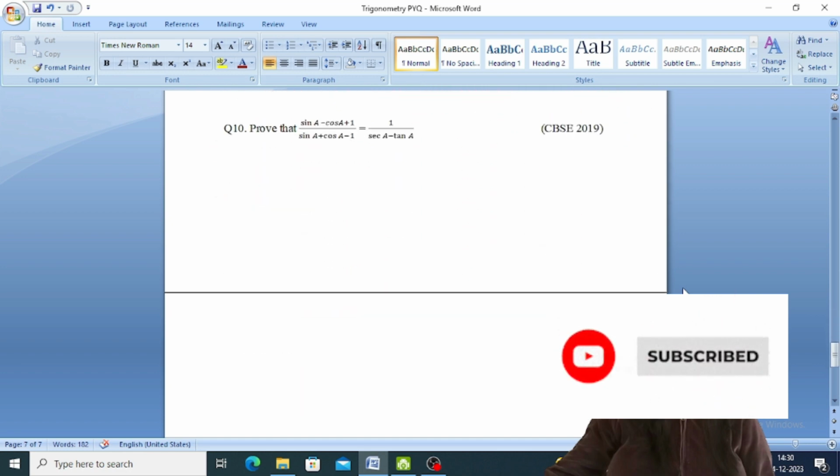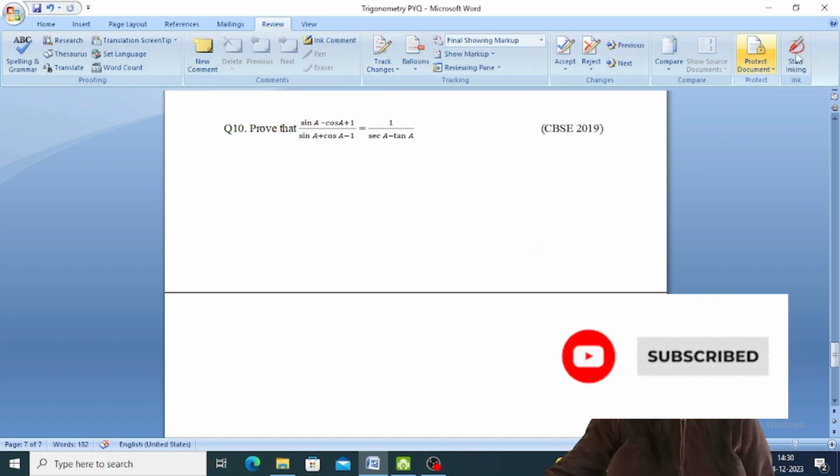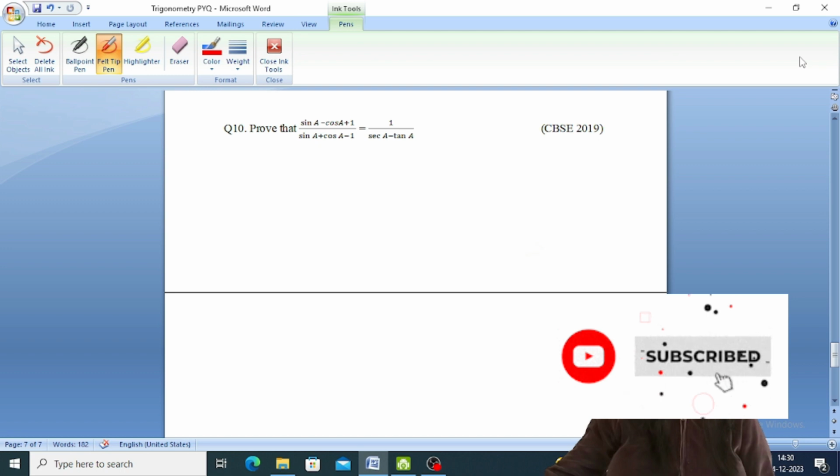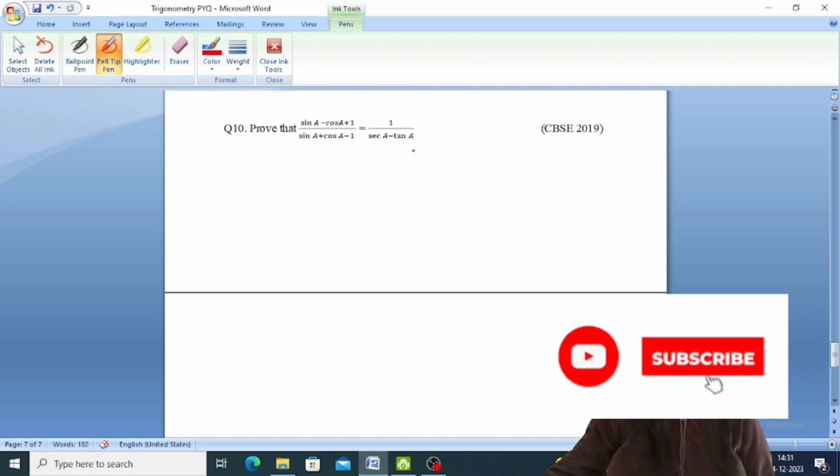Question number 10. So you see the left hand side and right hand side in this question. In left side we have sine and cos, in right side we have secant and tan.